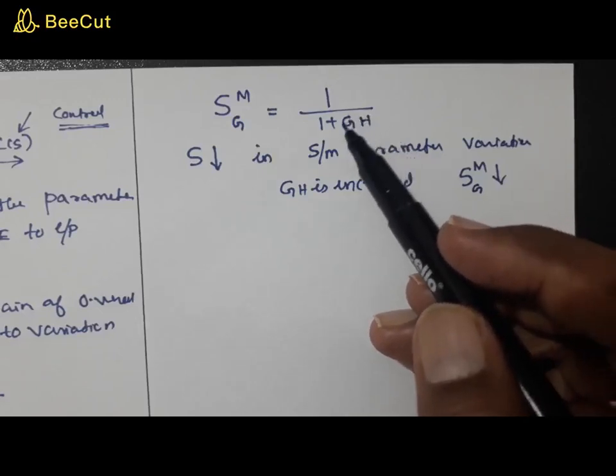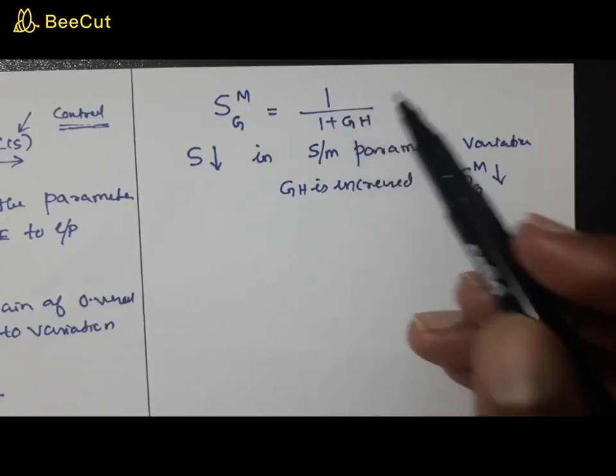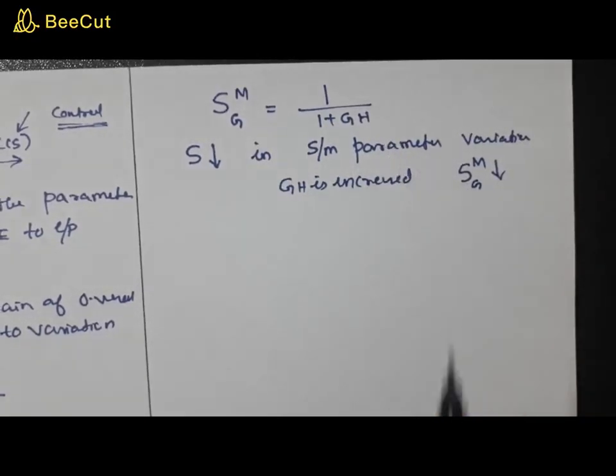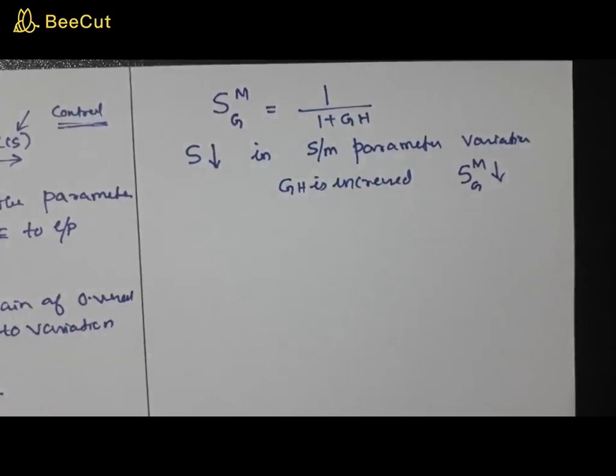If GH is very high, you can make sure that the system sensitivity towards the parameter variations will be less, so that the system should remain stable even if there is a slight change in the inside parameters.